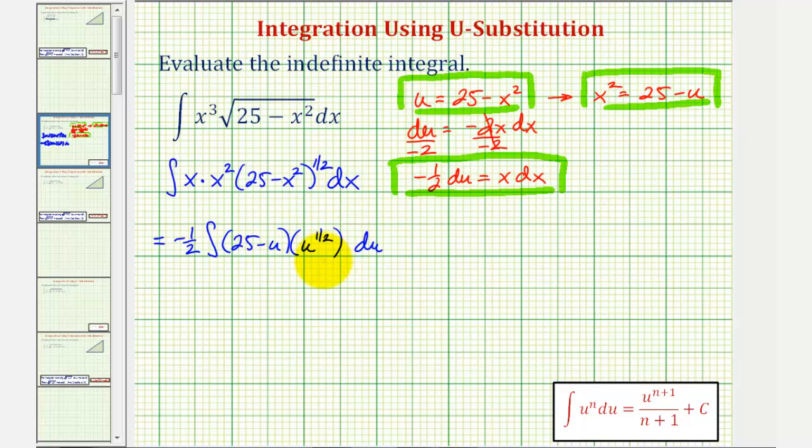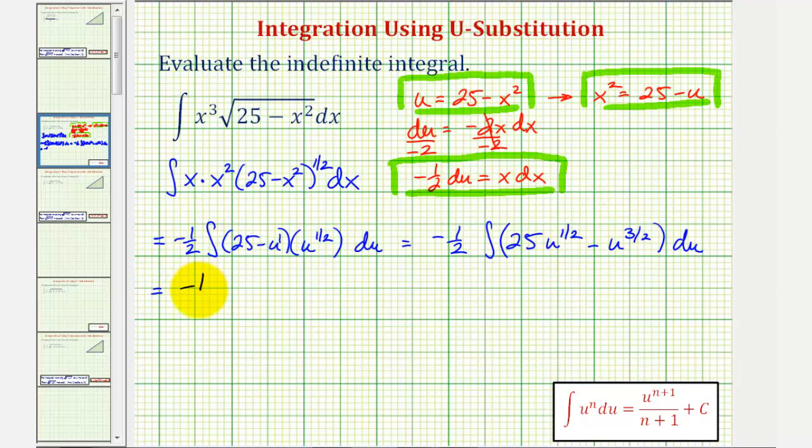Now let's go ahead and distribute. So we have negative 1/2 times the integral of, this would be 25 u to the 1/2. And this is u to the first, so we have minus u to the 3/2. And now we'll find the antiderivative with respect to u, then we write it in terms of x.